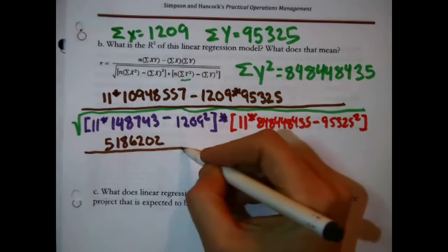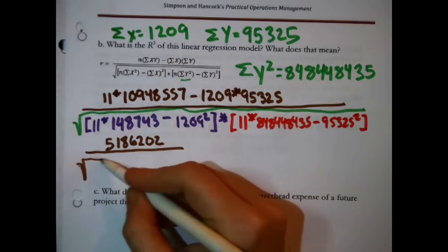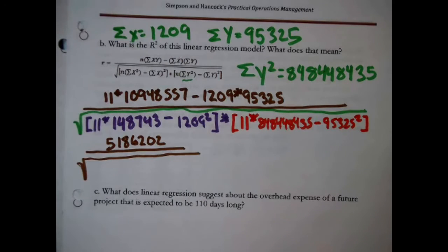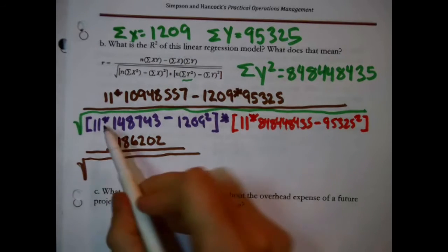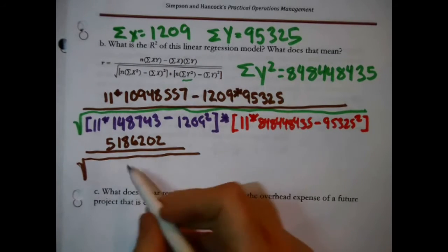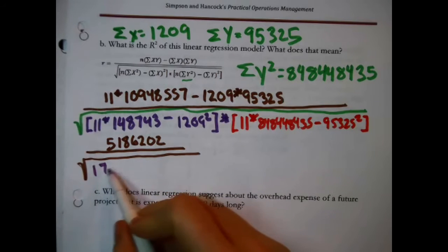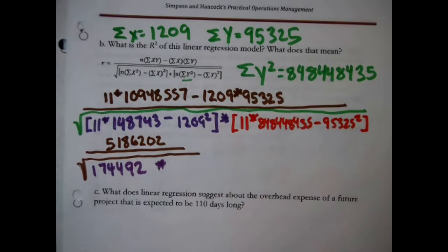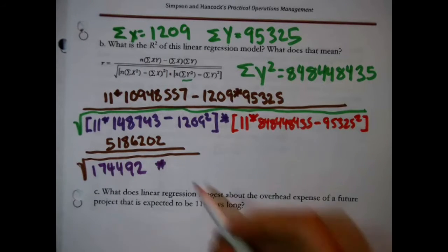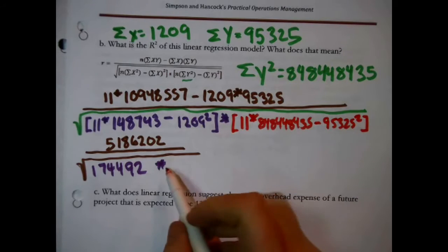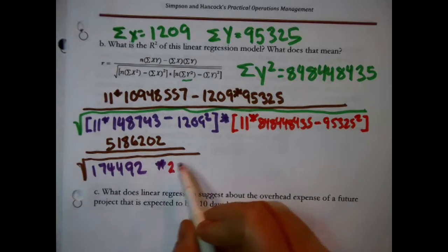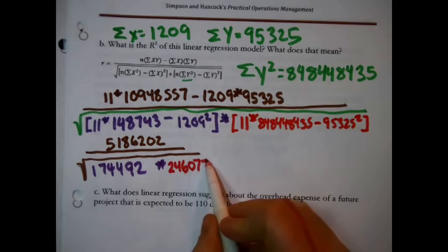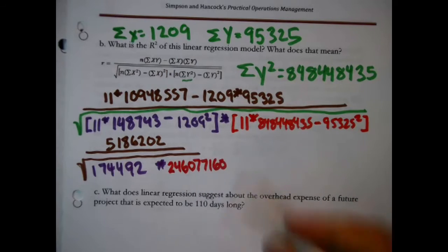Then in the denominator, under the square root, this first expression right here comes out to 174,492. You have to multiply it by the result of this expression, which I get is kind of longer, 246,077,160.